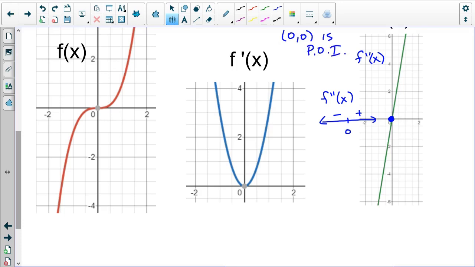And if I'm looking at the original graph, it looks like it changes from concave down to concave up, which makes sense because the second derivative was negative and it turns positive.